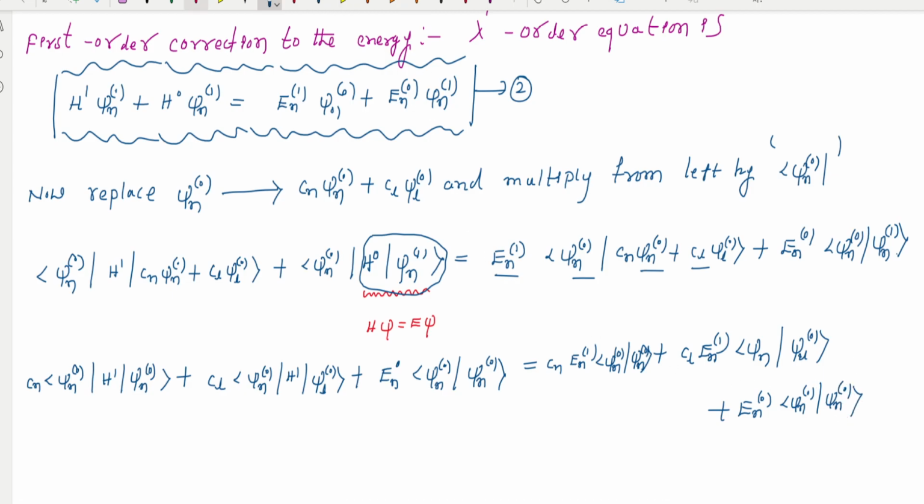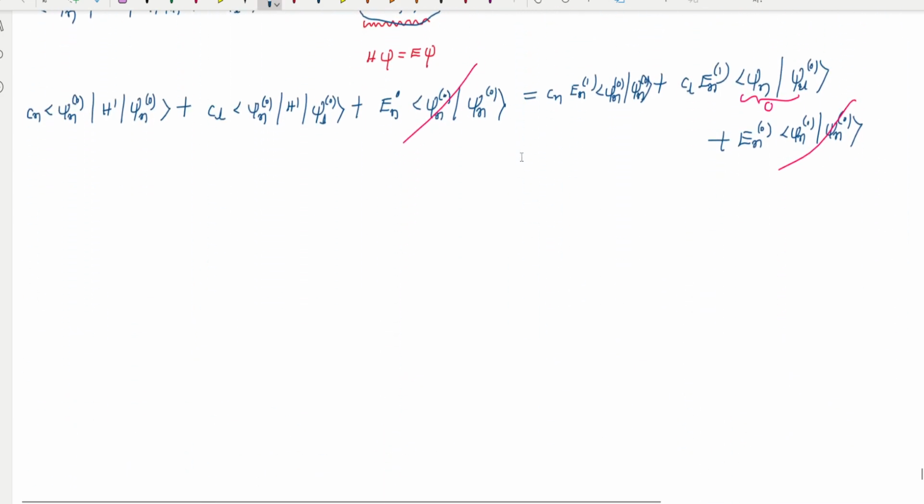So if you observe this equation clearly, these two terms are going to be cancelled. Okay. So here the different states are orthogonal, right? This one is 0. Because this is the n state and this is the L state, it is going to 0. Then the remaining equation is like this.